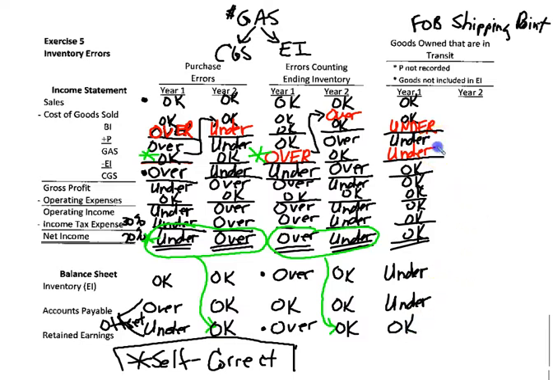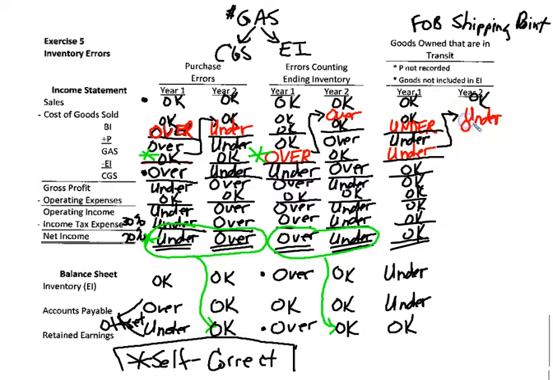Okay, year 2, ending inventory becomes beginning inventory. So if sales was okay, and then purchases. If purchases was understated last time, then we're putting too much into it the second year.